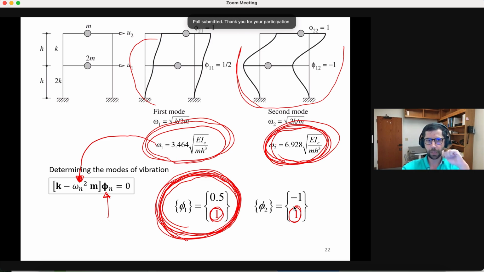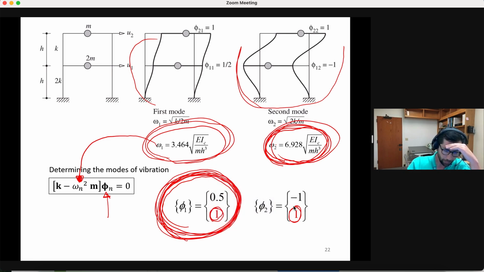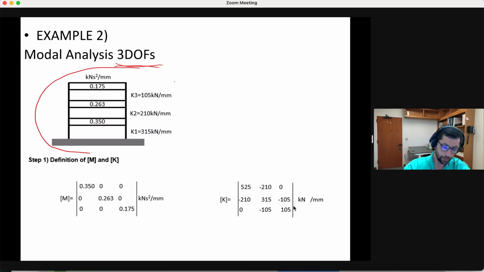Okay. Therefore, let's move forward. The following problem is very much the same problem. All that's changing now is that I have 3 degrees of freedom. If this is the case, what I need to do is simply list the mass values starting from level 1.